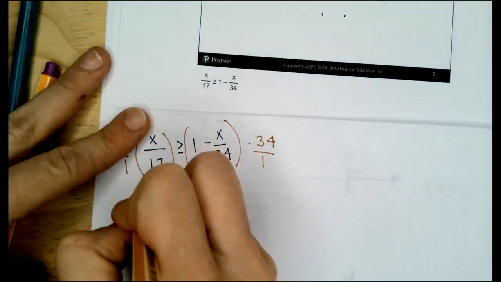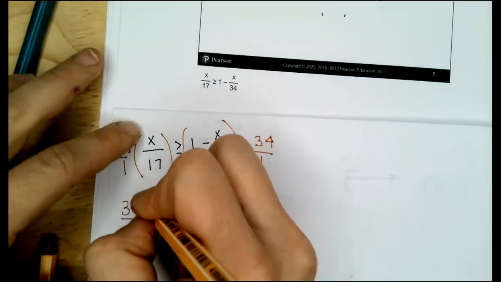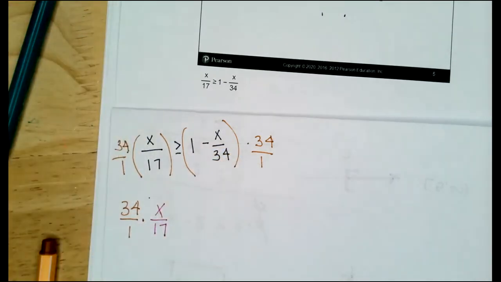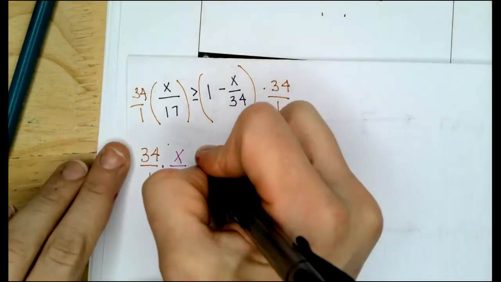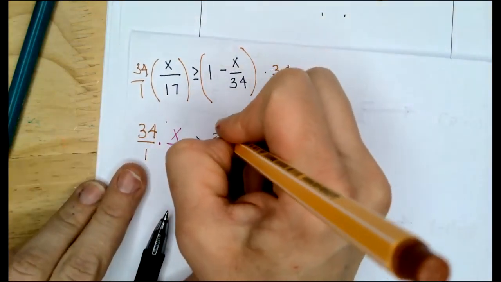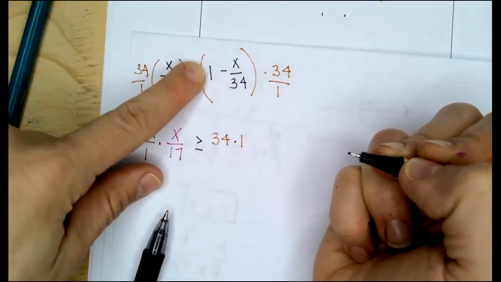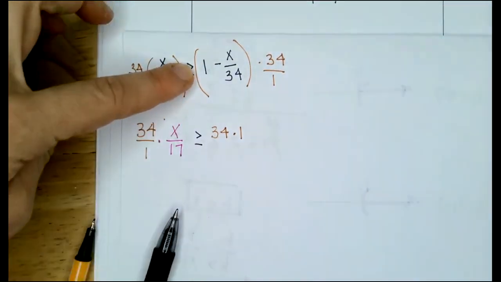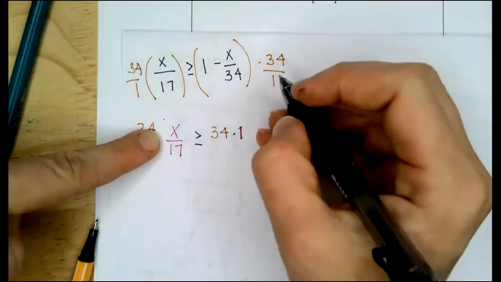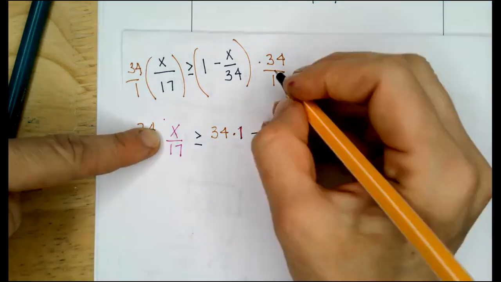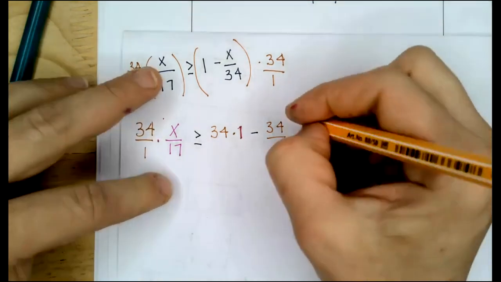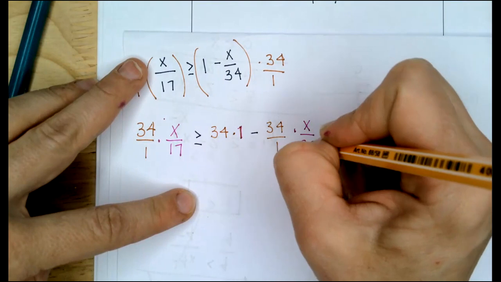So I'm going to take 34 over 1, and I'm going to multiply it by x over 17, okay? That is greater than or equal to, now I need to take that same 34 times 1, and then we have minus 34 over 1 times x over 34.